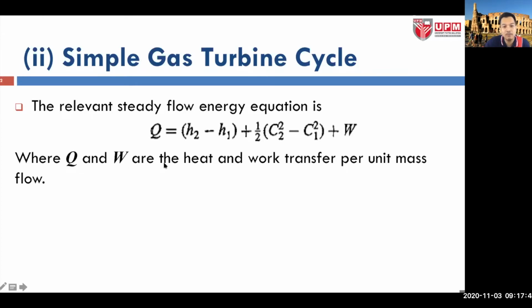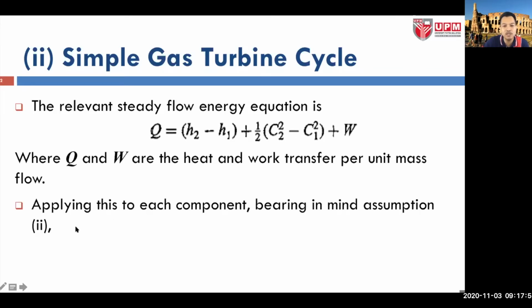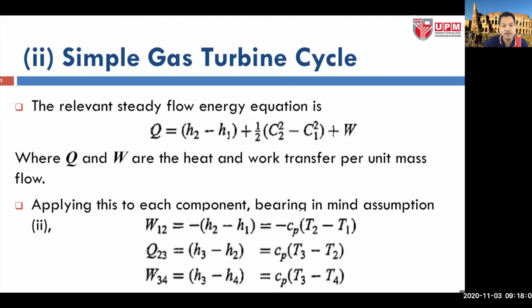Q and W are the heat and work transfer per unit mass flow. Applying this to each component, the compressor, the combustion chamber, and the turbine, bearing in mind assumption number 2 for the ideal cycle. Remember we had 6 assumptions just now.